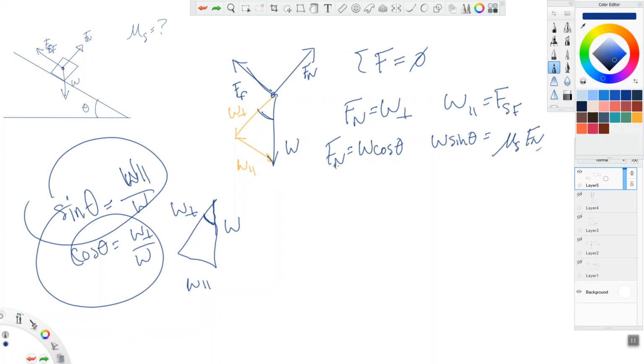Now I'm going to take normal force and bring it over here, so I'm bringing these two formulas together. Weight, which is mg, times sine theta equals mu sub s times mg cosine theta. I'm going to divide both sides by mg cosine theta.